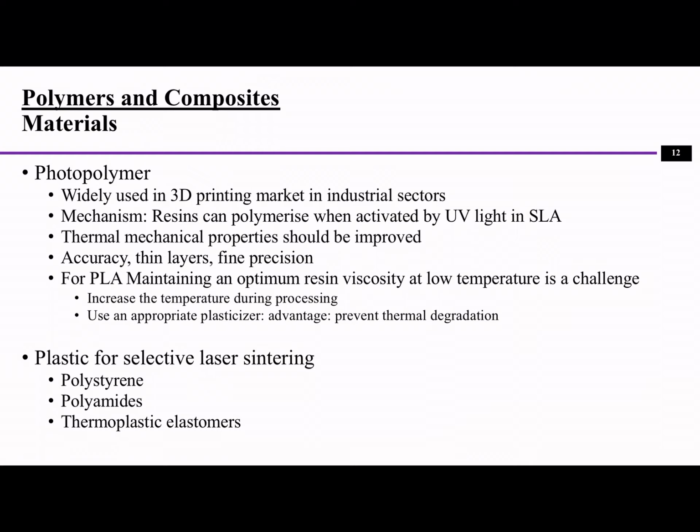Another solution is to use some plasticizer, right? And also we can prevent some of the thermal degradation. Some of the plastics for selective laser sintering include polystyrene, polyamides, and also thermoplastic elastomers.